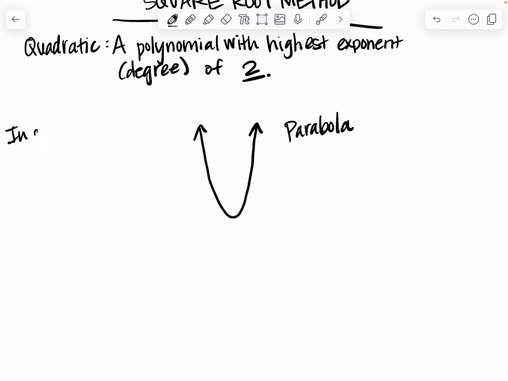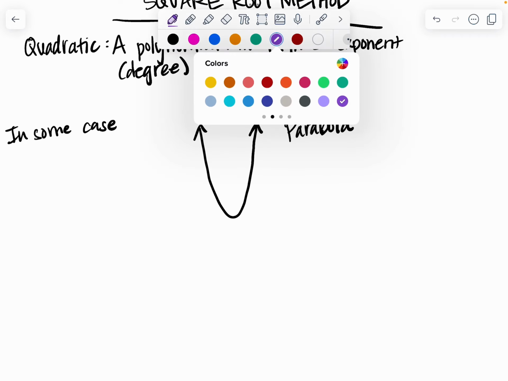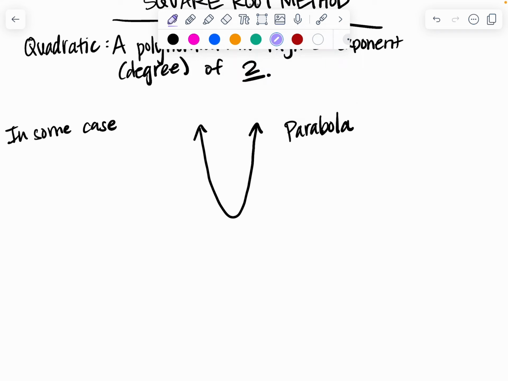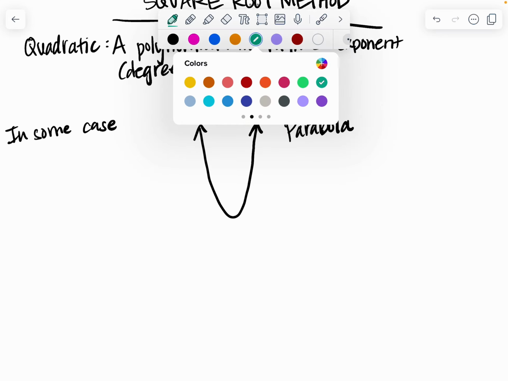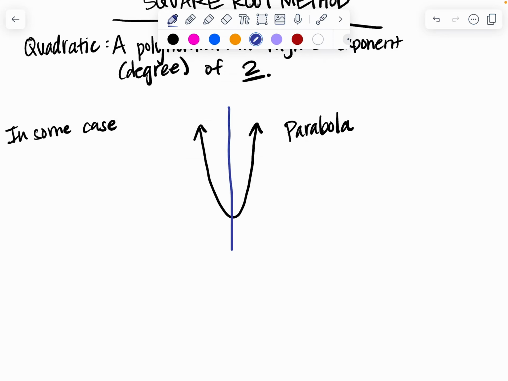And in some cases, a quadratic function will cross the x-axis more than once, or twice, to be specific. So if my y-axis is here and my x-axis is here, then this parabola will cross the x-axis twice.